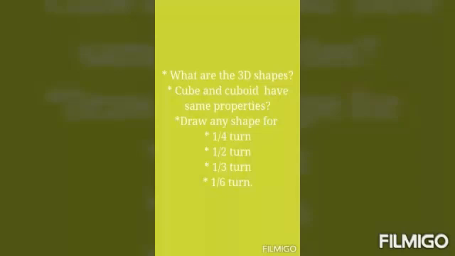Say yes or no. Third question, draw any shape for 1 by 4 turn, 1 by 2 turn, 1 by 3 turn, next 1 by 6 turn. Shall we go to see the answer?